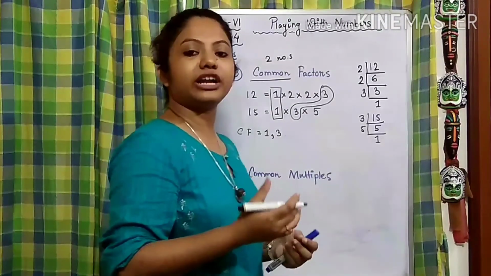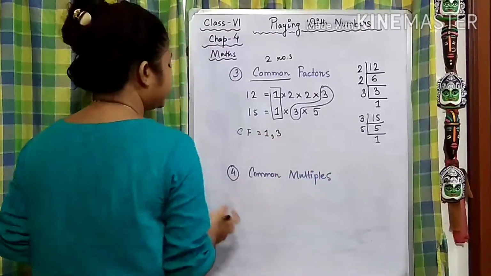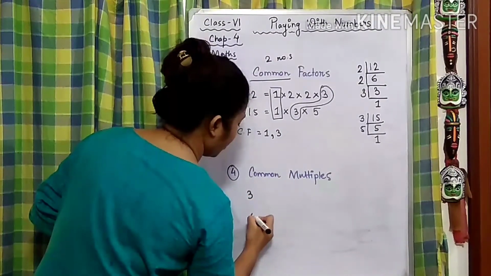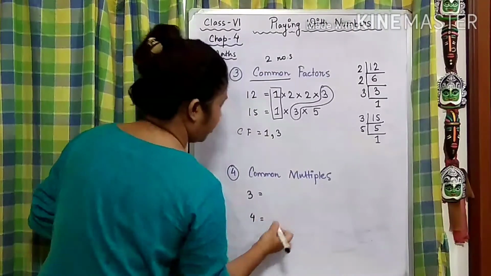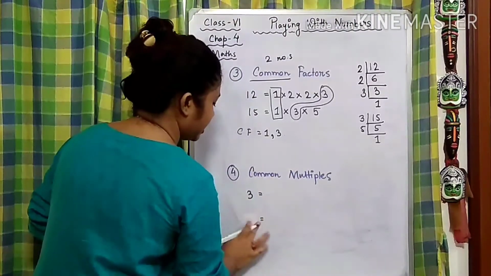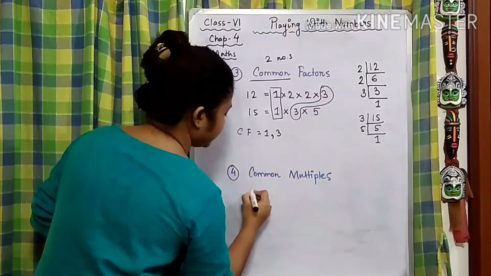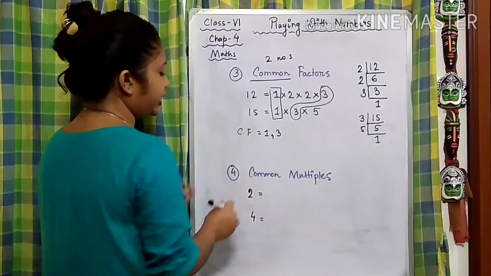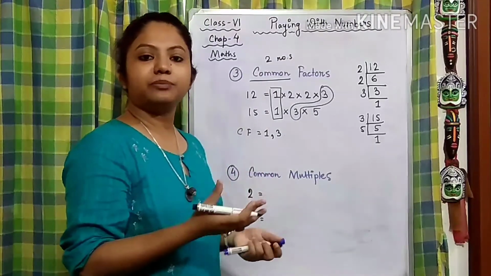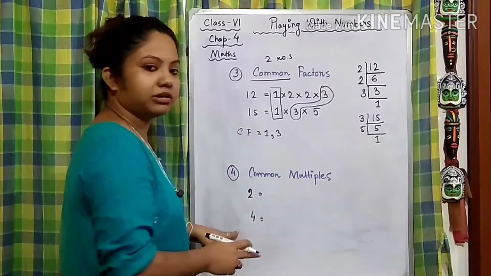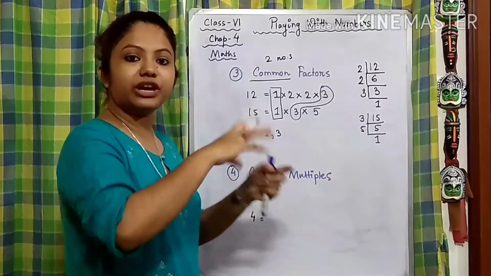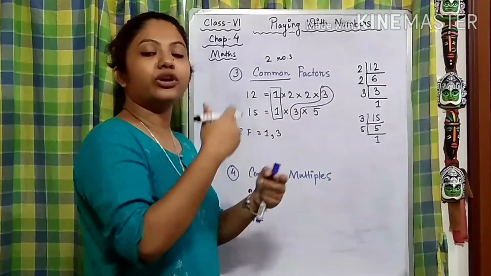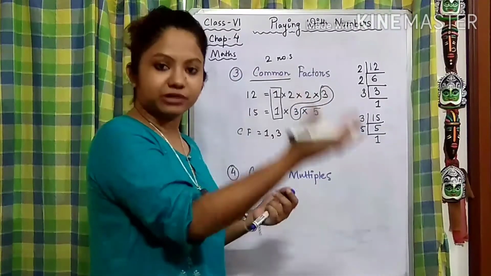Now coming to the common multiples. Again we need two numbers. Let's take 3 and 4. Actually, let's take two simpler numbers, 2 and 4. When we need to find the multiples, we just multiply according to the tables we know.